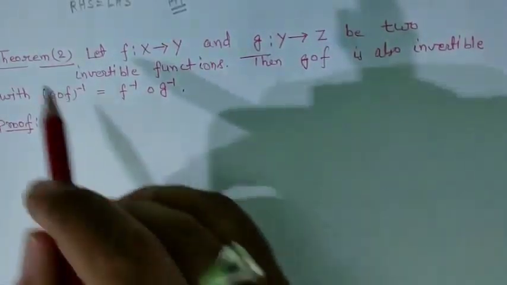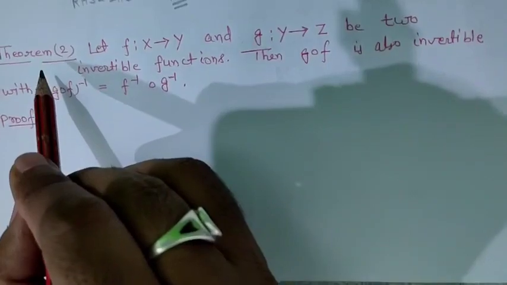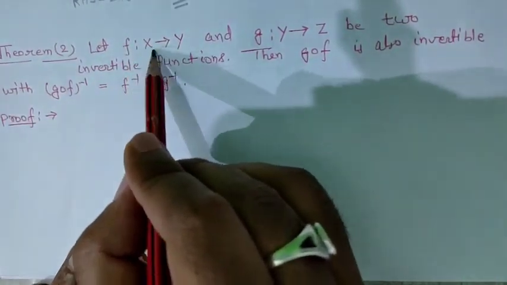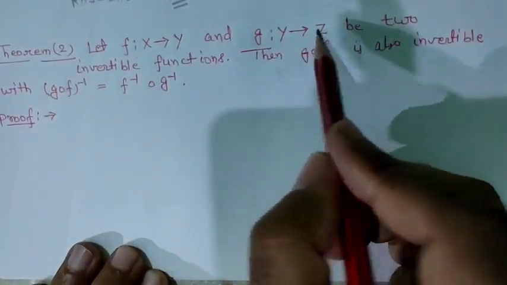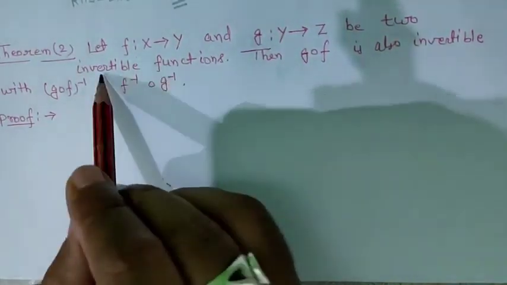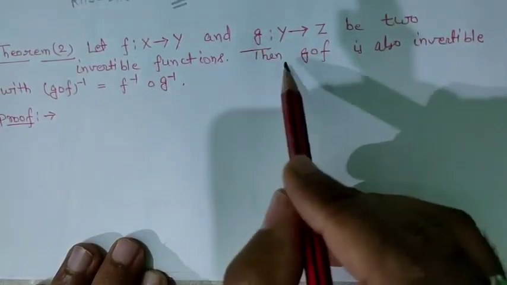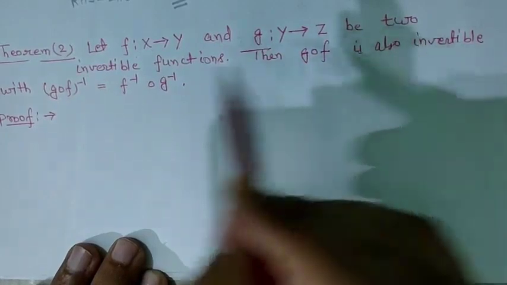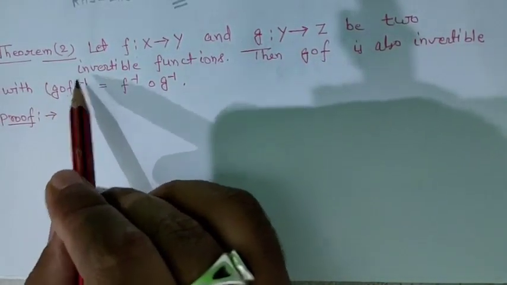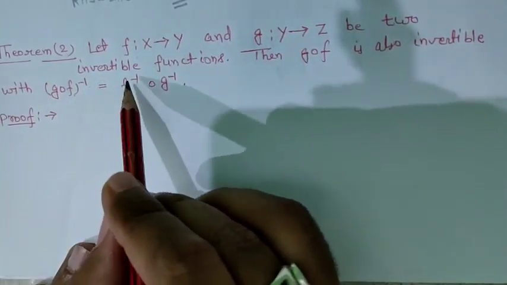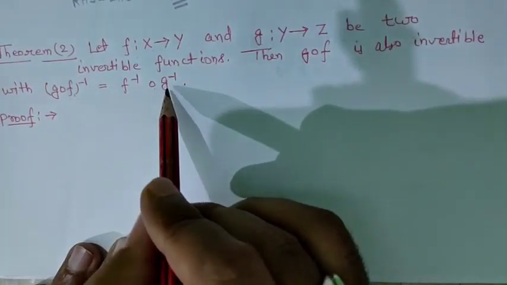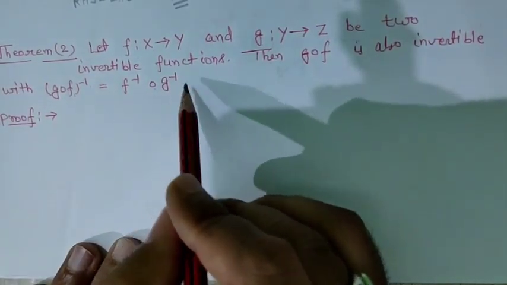Now theorem 2. Theorem 2 says, let f from X to Y and g from Y to Z be two invertible functions, and then gof is also invertible with (gof) inverse equal to f inverse o g inverse.